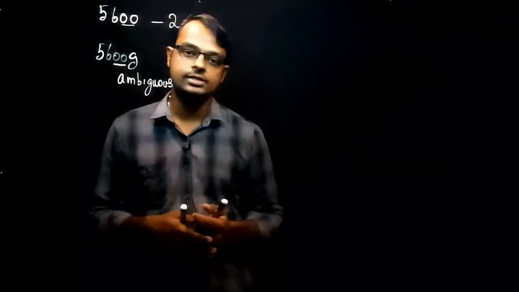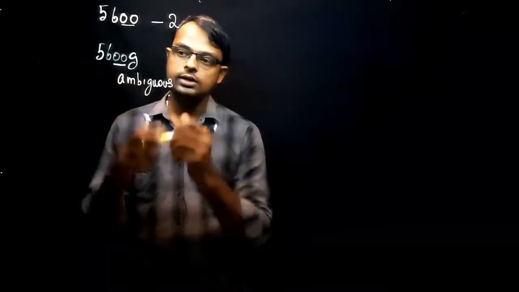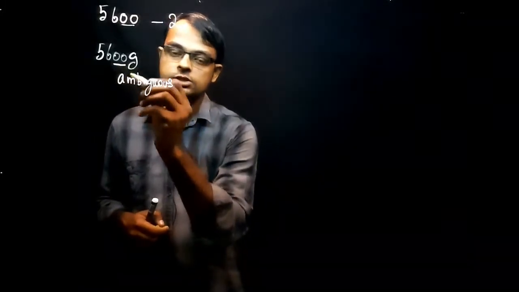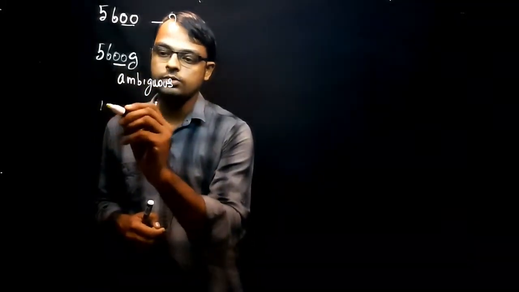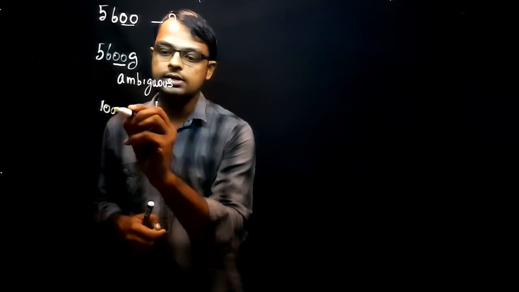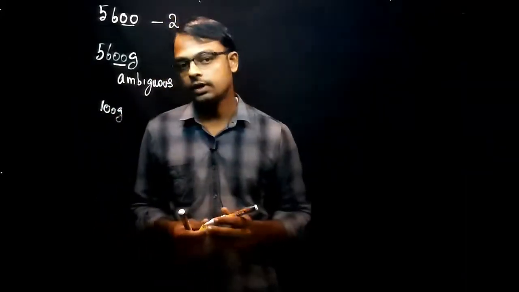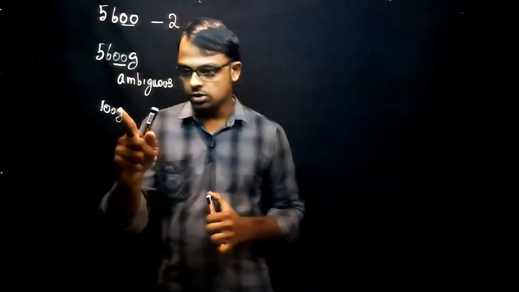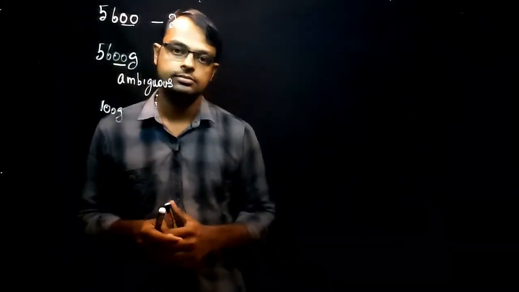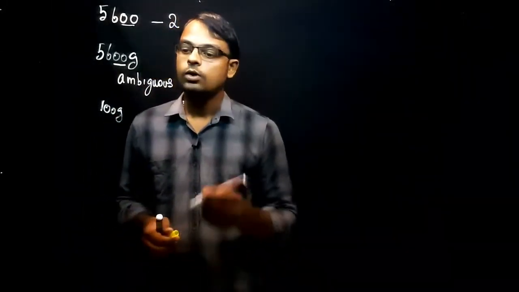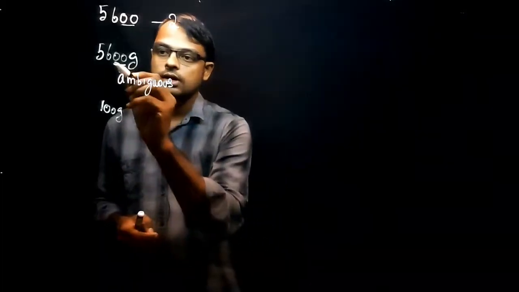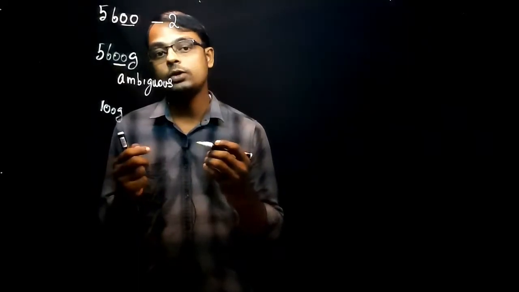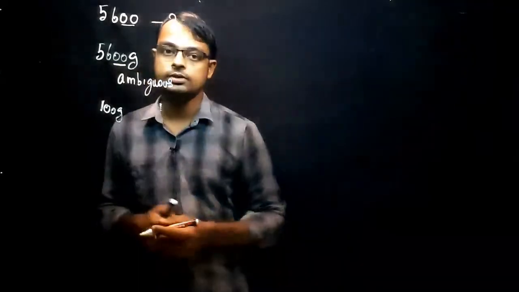Now let's give one example. One is using an instrument whose least count is 100 gram, measuring the mass of some object. Just imagine, after 5600 gram, what value can be measured with that instrument?